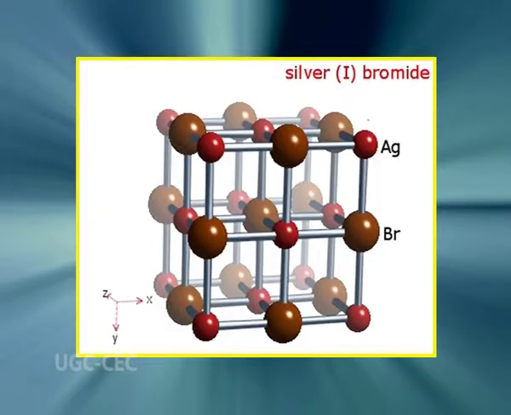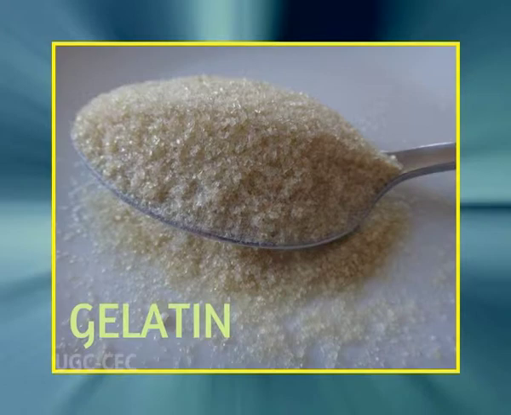A photographic emulsion is a suspension of crystals of silver bromide embedded in gelatin. When the crystals of silver bromide are struck by charged particle or photon radiation, the silver atoms are ionized and form an invisible latent image.